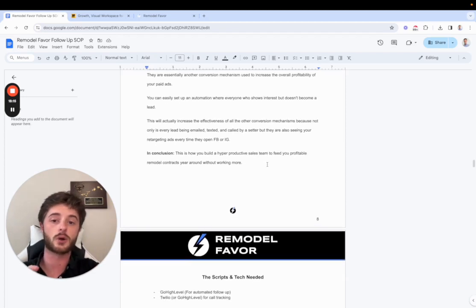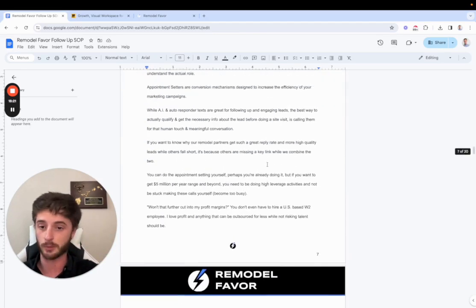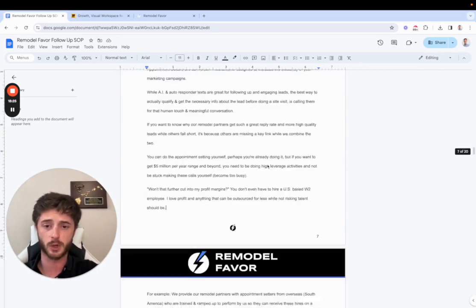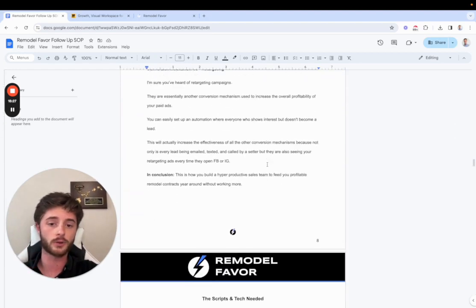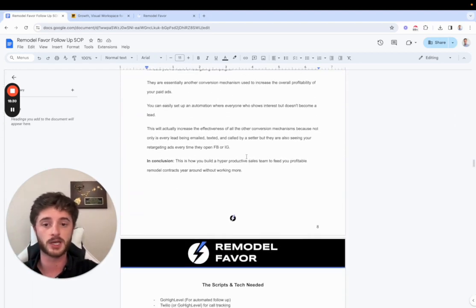And this will also increase the effectiveness of all the other conversion mechanisms that we discussed, just like the appointment setters, email and SMS marketing. It will actually make all those more efficient, because not only is every lead getting those touch points through email, text, and the setter, but they're also seeing your retargeting ads every time they open up Facebook, Instagram, or even Google.